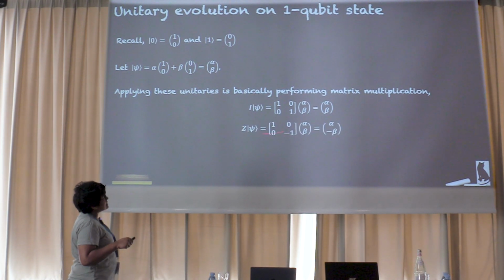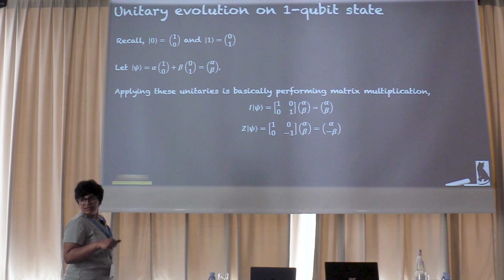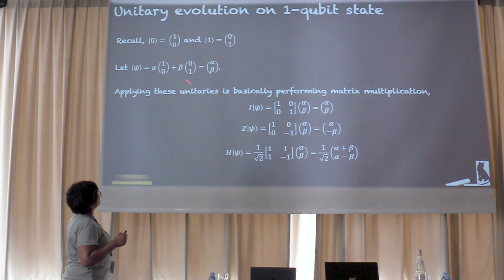Now, if I want to apply Z, what happens? I can do it linearly, right? Z on the first part doesn't do anything, so I will just get alpha times the same thing. Z on the second part will add a -1, so I end up getting alpha and minus beta. You see, the Z is acting like adding a phase. Then H, again you do the same thing linearly.